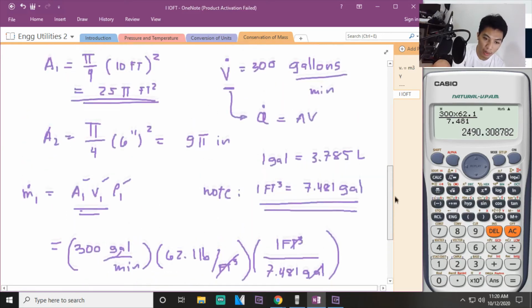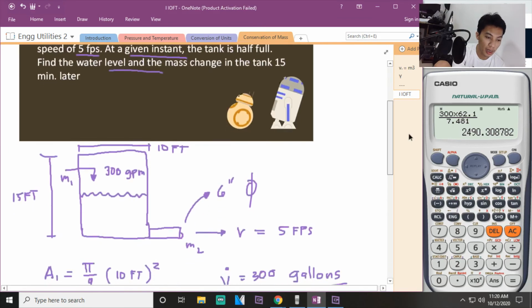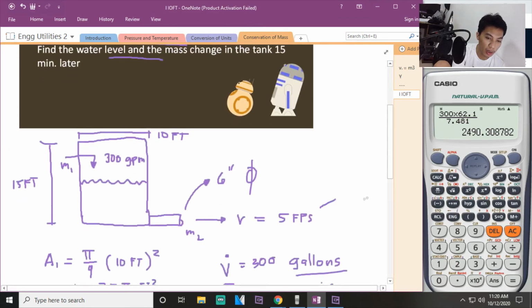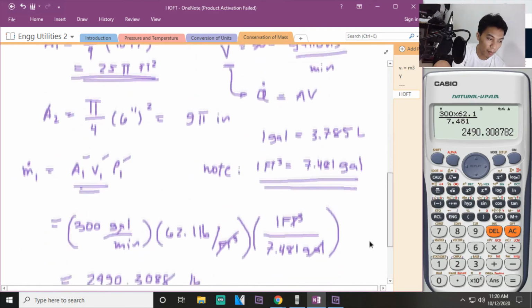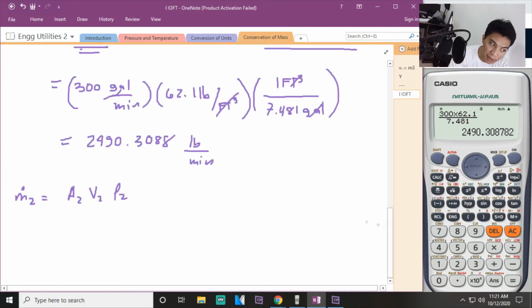Yung mass 2 naman, paano mo naman makukuha yan? Meron kang density, meron kang velocity, may area ka. Okay, so mass 2. M2 will be equal to area 2, velocity 2, density 2. Eh, same water lang naman ang lalabas dyan. Yung binigay na density, yun na yun.